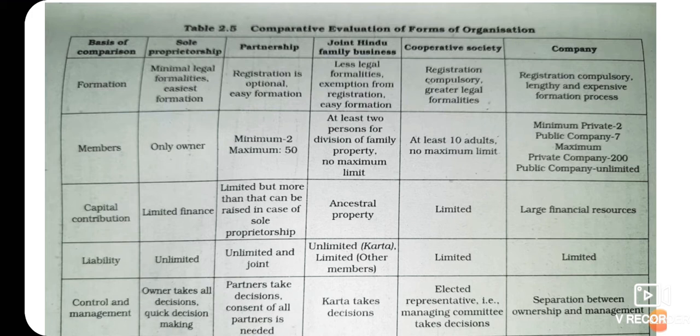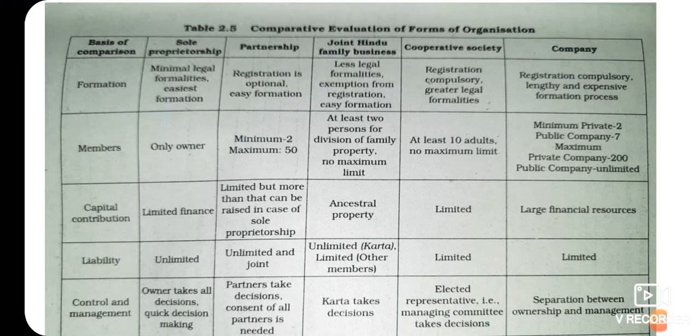Company, registration compulsory, lengthy and expensive. So out of all these, the most lengthy procedure for formation is of the company. Regarding registration, you should see that for cooperatives it is compulsory, for company it is compulsory, but for partnership it is not compulsory.